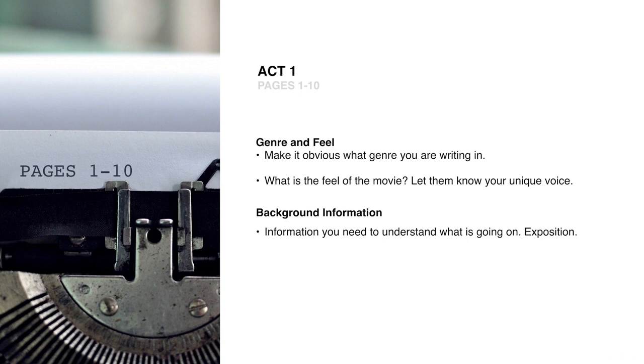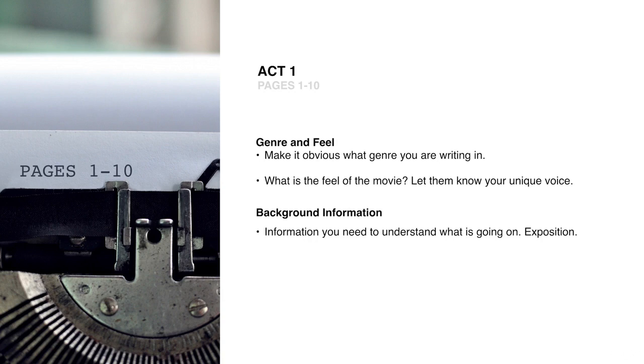The other thing we have to be aware of is that depending on when and where your script's set, or your story's set, you might need to give the audience some information about this story world, its rules and structure, so that it makes sense. Obviously to you it will make sense because you're the one that's created it, but think from the reader's point of view.